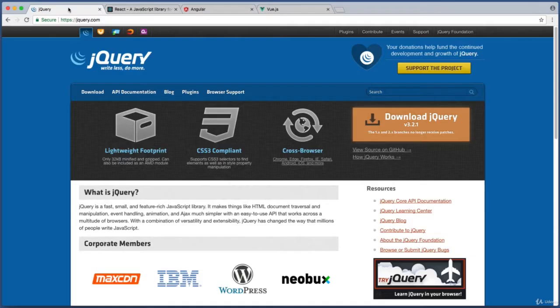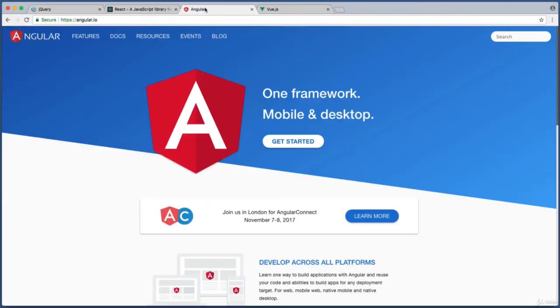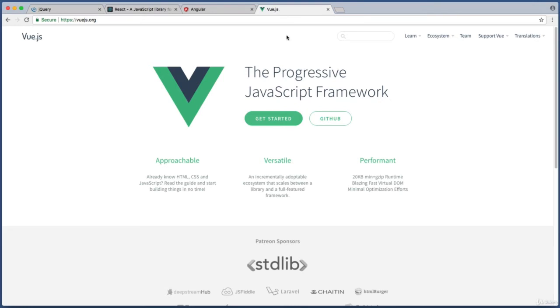Now, while jQuery was built to be able to do anything and everything, and its roots are from way back when the web was in a different place, these 3 libraries, React, Angular, and Vue, were built from the ground up to power single-page applications. And they can really help keep your data in sync with what the user sees visually on the screen.